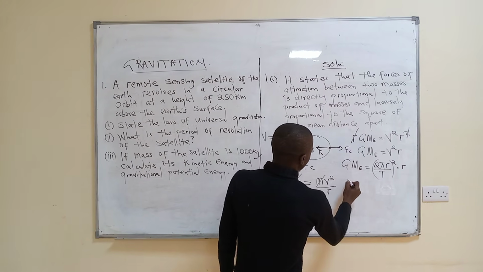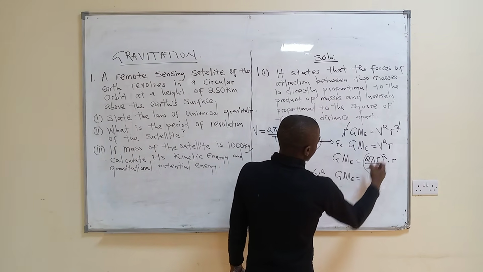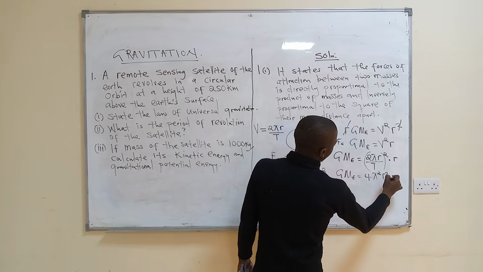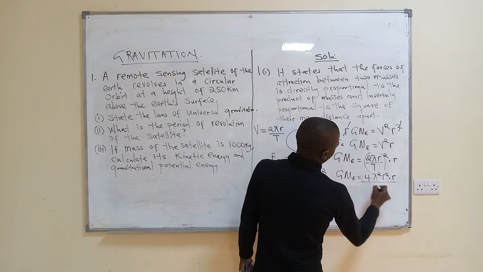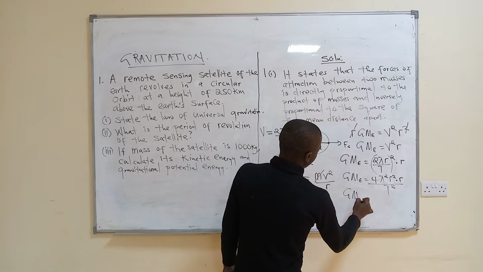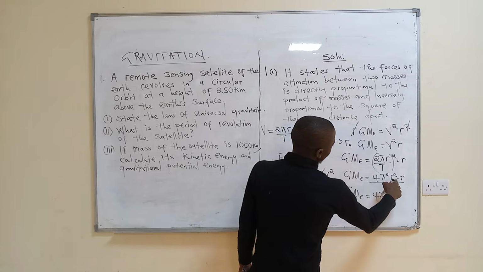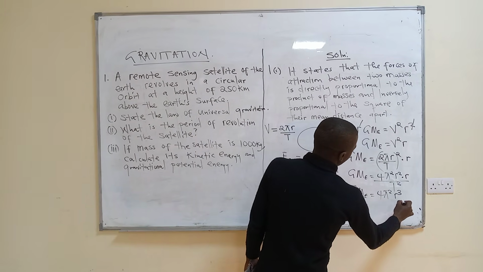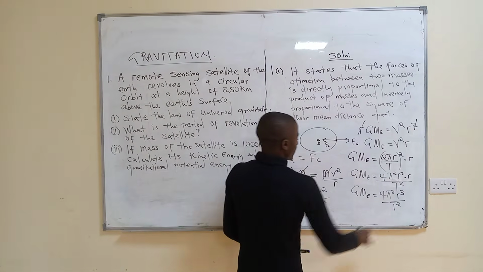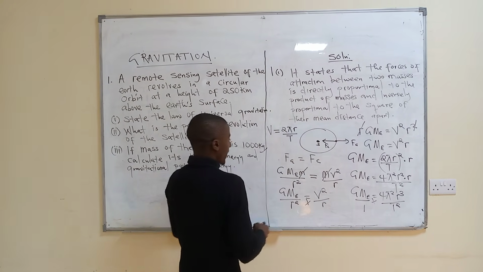There you get G Me equals 2 to the power 2, that is 4 pi squared r squared, times r over T squared. So G Me equals 4 pi squared r squared times r, that is r cubed, over T squared. Making T squared the subject of the formula, I introduce 1 there and cross multiply.